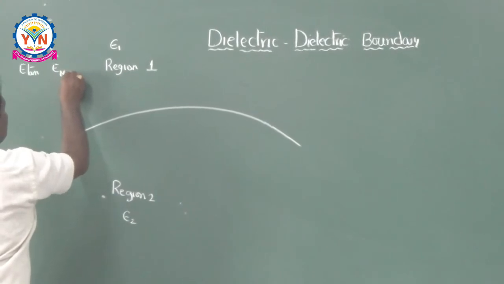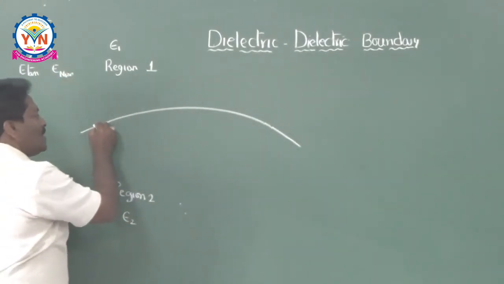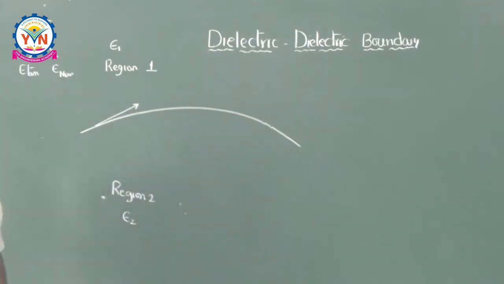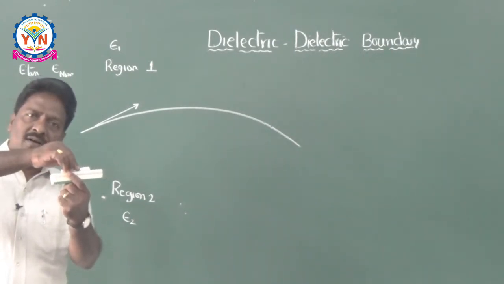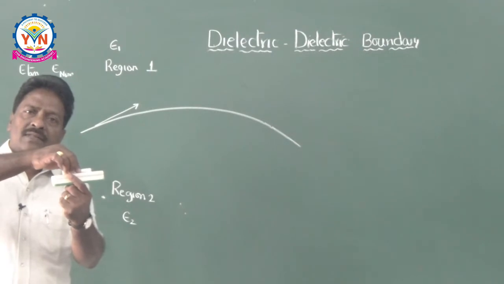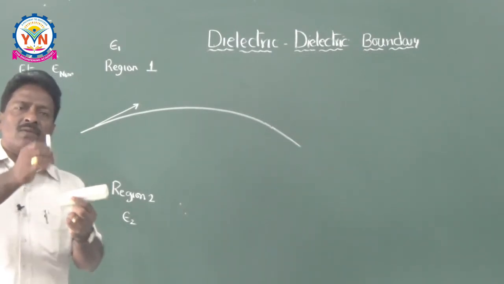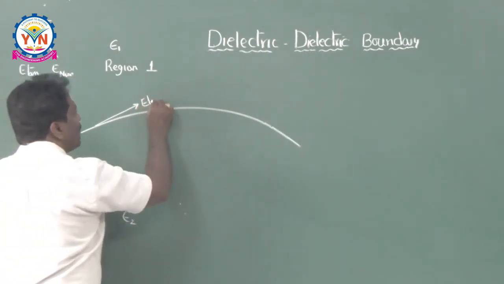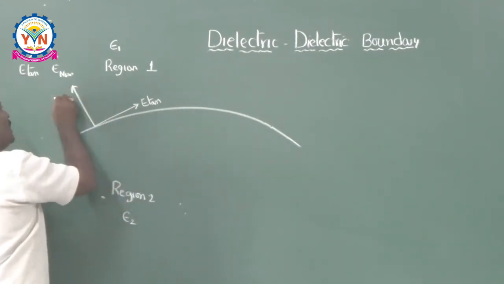What does tangential component mean? Tangential component means along the surface, along the boundary. If you take a surface here, a component which is along the surface is called tangential, and the one at an angle of 90 degrees is called normal. So this is E tangential and the other one at 90 degrees is E normal.